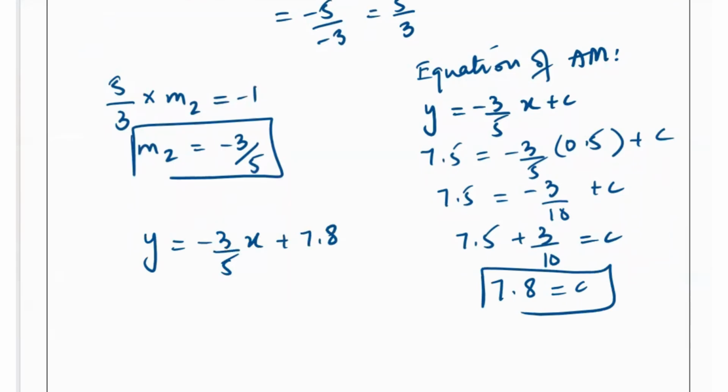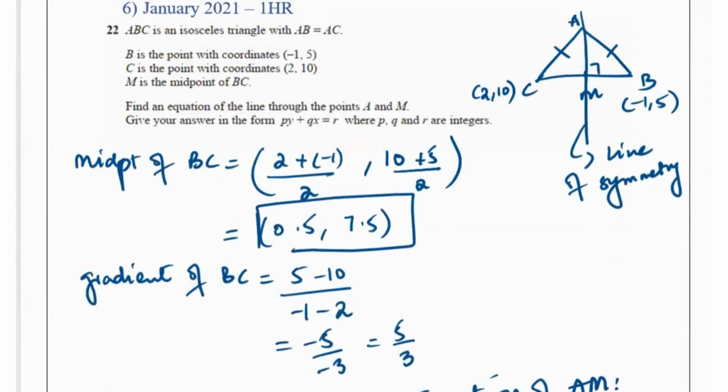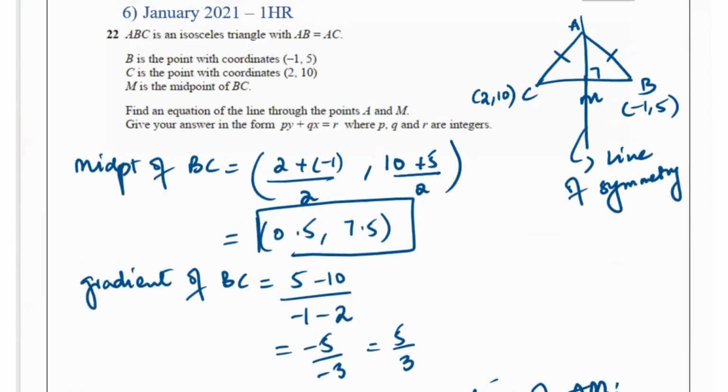Either rewrite the fraction as a decimal or the decimal as a fraction. So if we rewrite 3 over 5 as a decimal, that's going to be 0.6. So y equals negative 0.6x plus 7.8. They want the answer in terms of py plus qx equals r, where they're all integers.